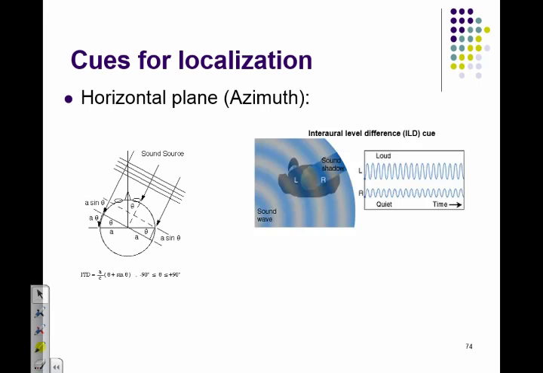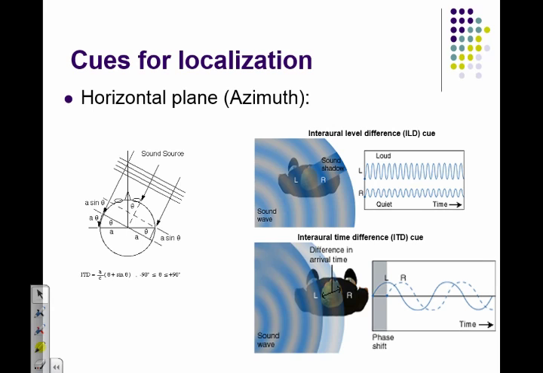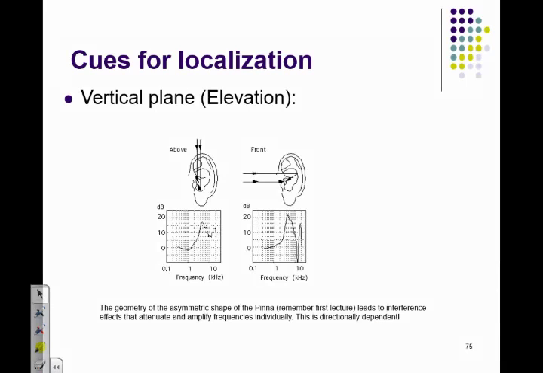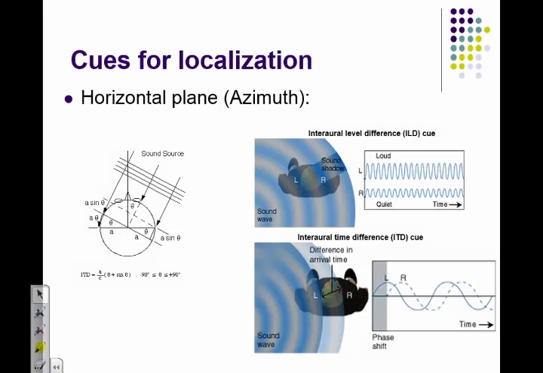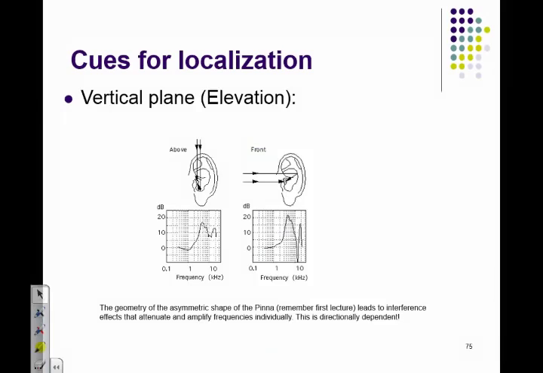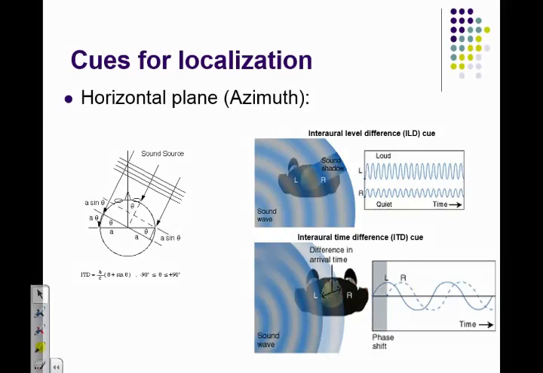Namely, if the sound source comes from a direction somewhere on the side, somewhere else than the front, then the sound will be louder on one ear, and it will be phase shifted. The phase shift comes from the different arrival times. So this ear is slightly earlier than the other ear. These are called ITDs and ILDs.